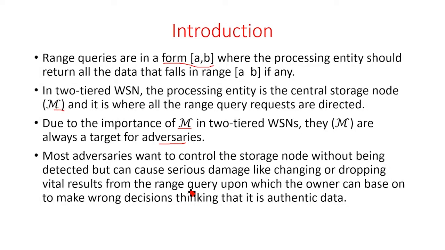A range query is in the form AB, whereby we want to return information that is within that range AB, if there is any data. Remember, we said that in each cell, all nodes send the data to the storage node M, and it is very easy to target this storage node because that is where all the data is stored.